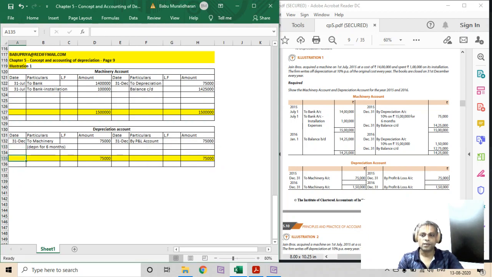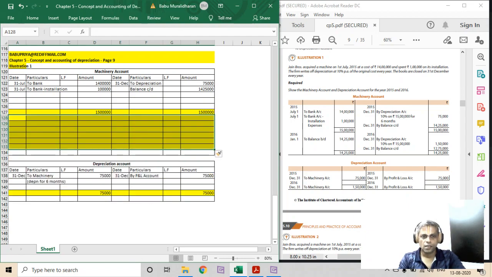Let's try the next one. Let's see what's going to be the depreciation for the next year. Show the machinery account and depreciation account for the years 2015 and 2016. Let's insert some rows here and copy the format.